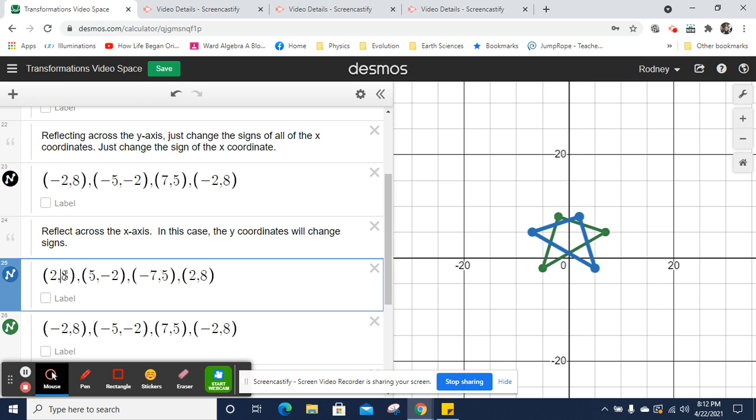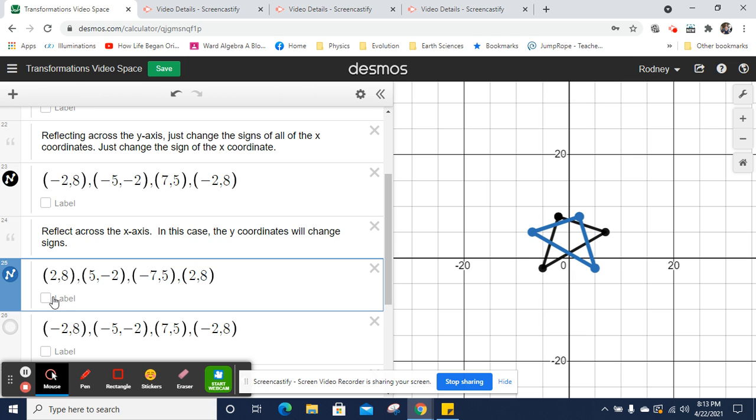So this is my original object, that's this green one, I believe. No, I think it's the blue one. Let me actually turn this off so we can see which one it was. It's the purple one right now. So it's the one that goes like this.